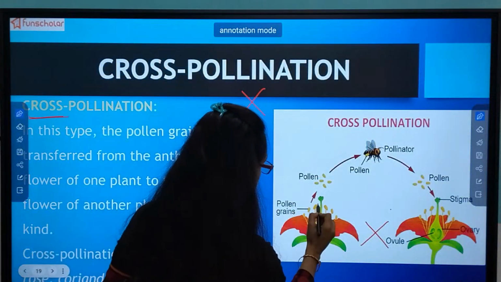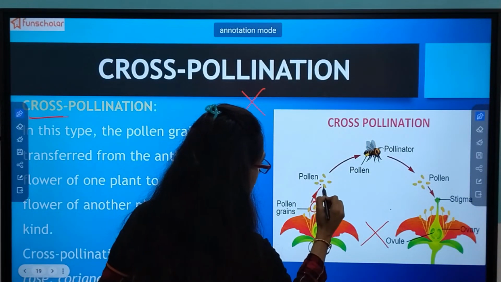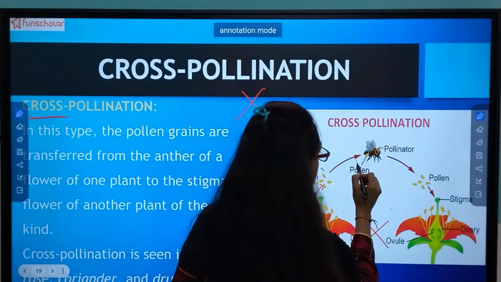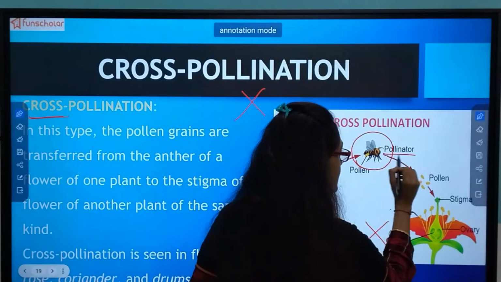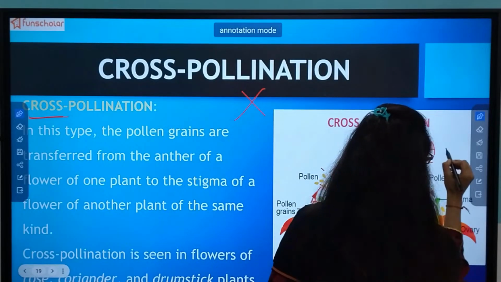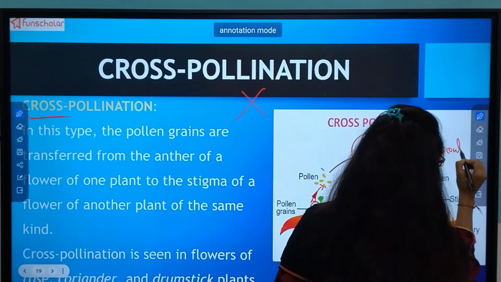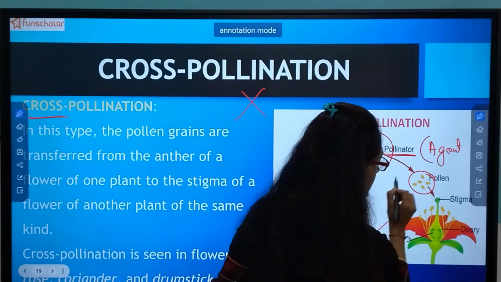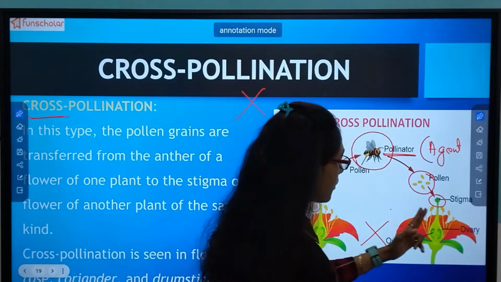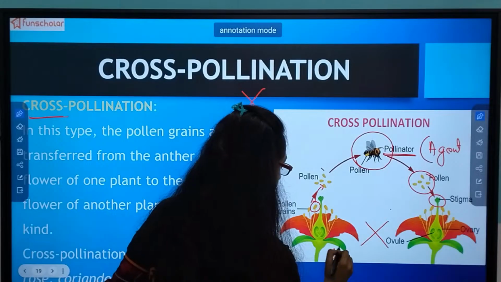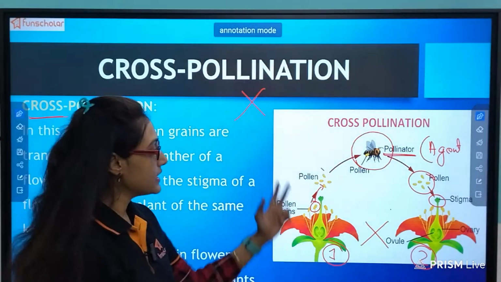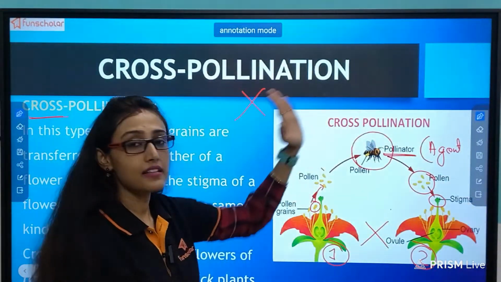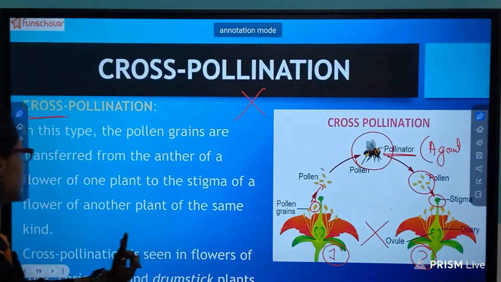See, pollen grains are being produced by the anther of this flower and are being carried by a bee, which is known as pollinator or agent, and the pollen grains are being deposited to the stigma of flower number 2. If this is flower number 1, this is flower number 2. So this process is known as cross pollination.